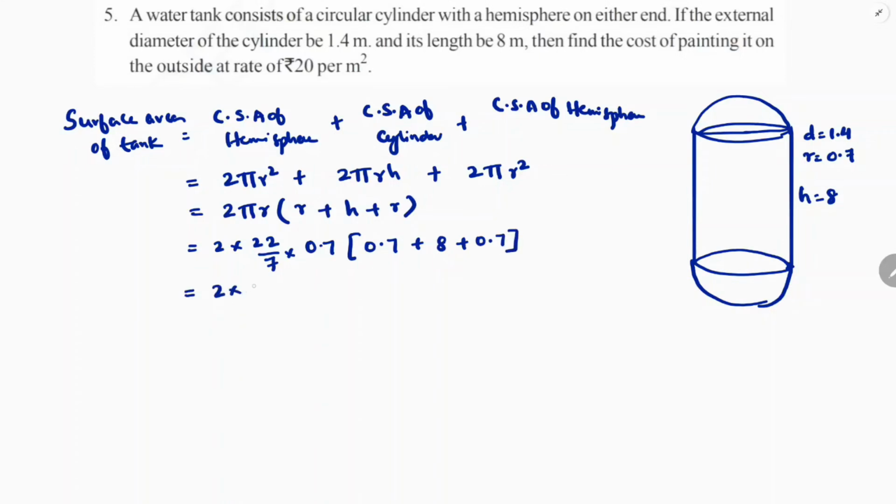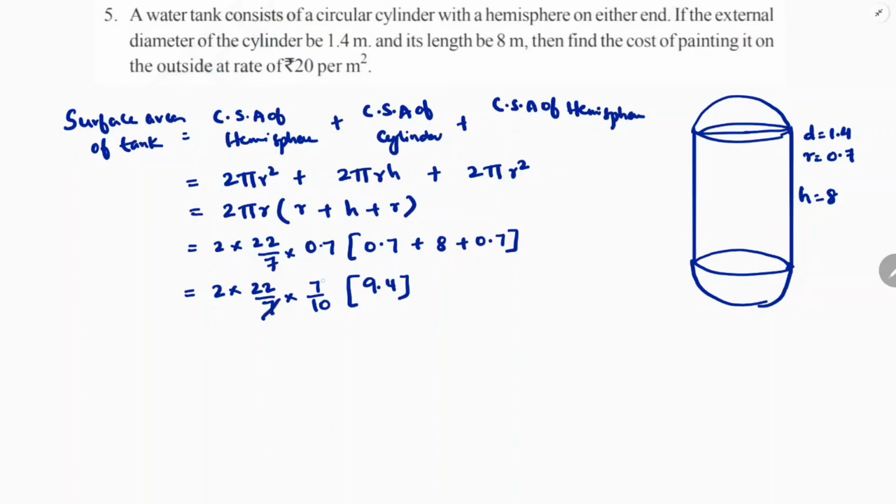So 2 into 22 by 7 into 7 by 10, 0.7 plus 0.7 is 1.4, 1.4 plus 8 is 9.4.